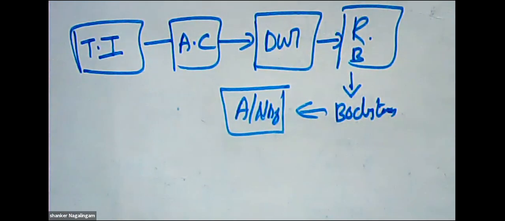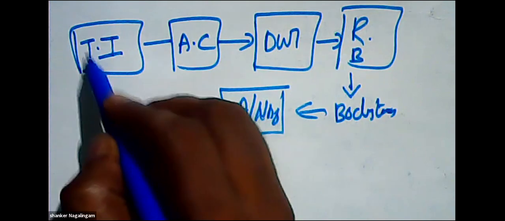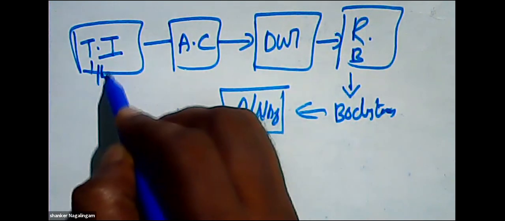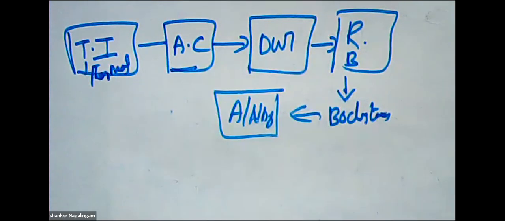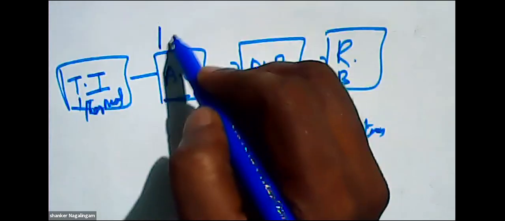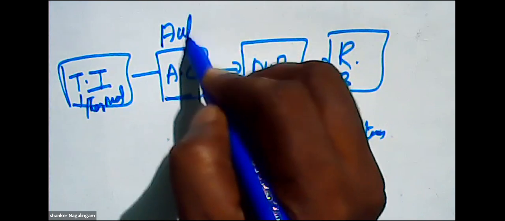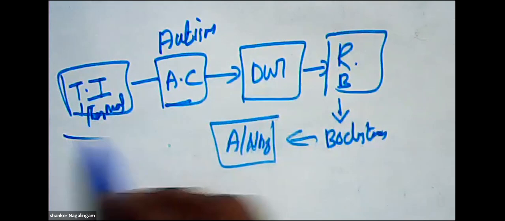Now, when I ask you to give this block diagram, what normally people will do: thermal image. You say thermal image here, and you say autism children. See here, how I'm making it as a module.